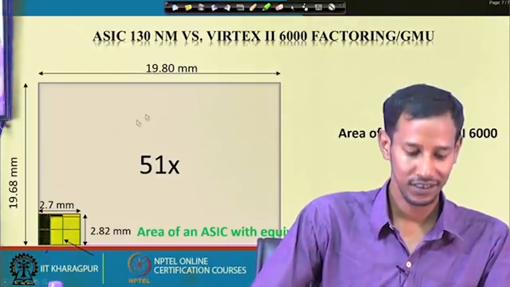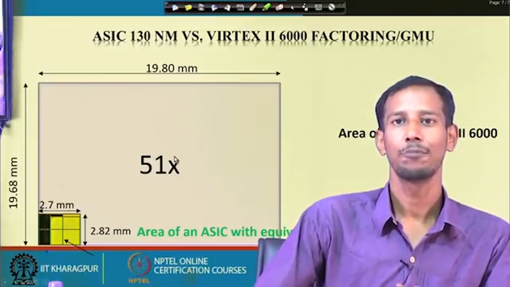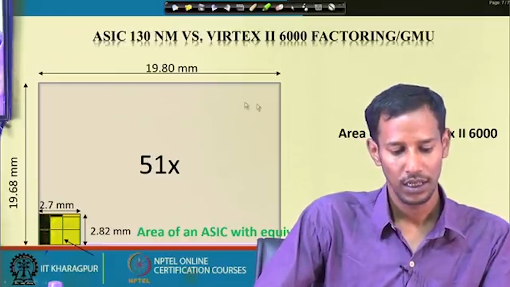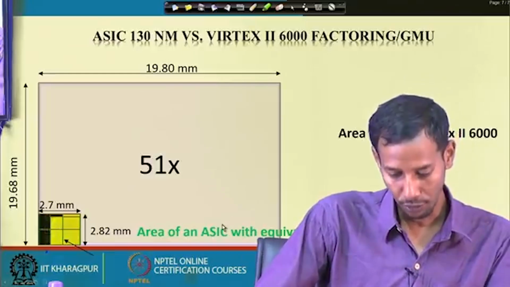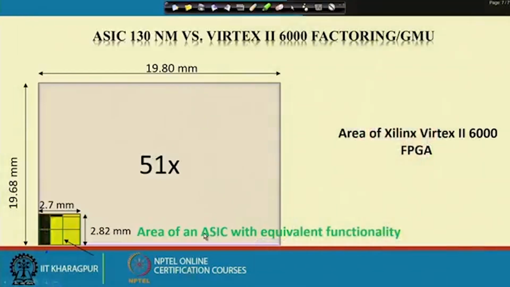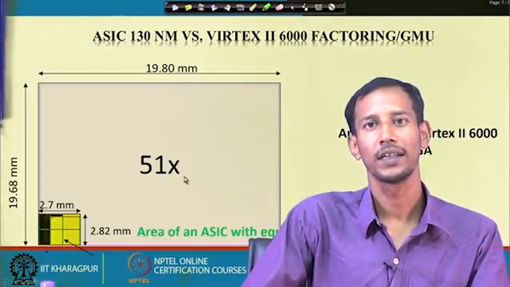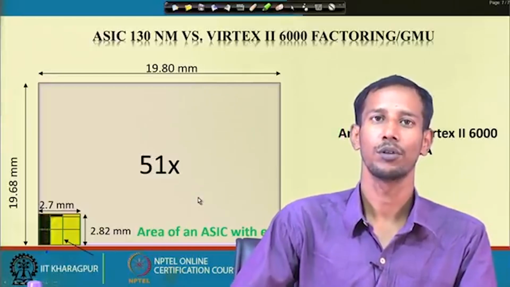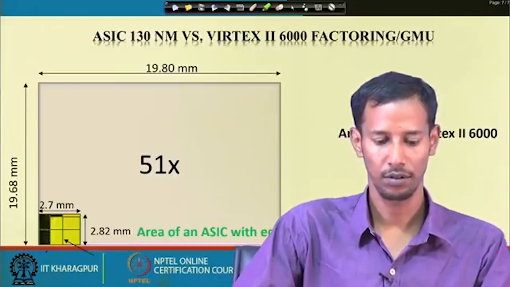That means it is 51x higher if you follow the FPGA design style. So, you are consuming 51 times higher area than if you follow the same design in ASIC design style. More area means more power and more cost, so it is a more power hungry device or system whenever you are following FPGA in comparison with ASIC. This is just one example of that.